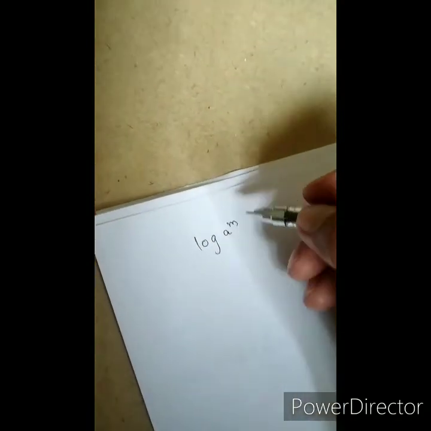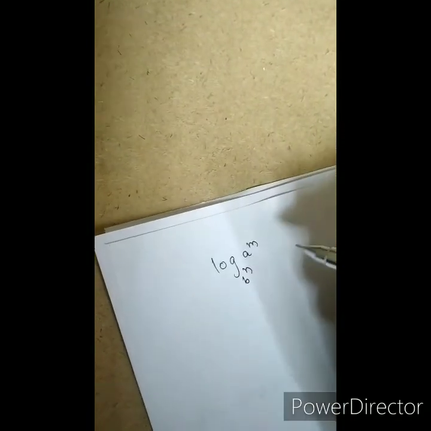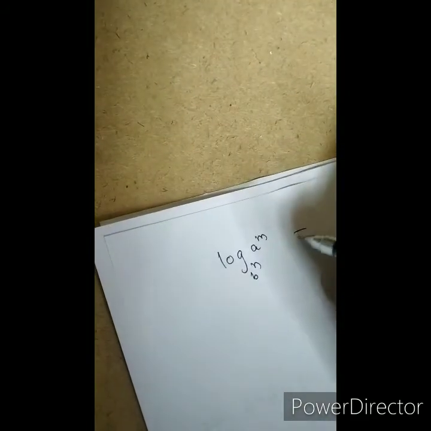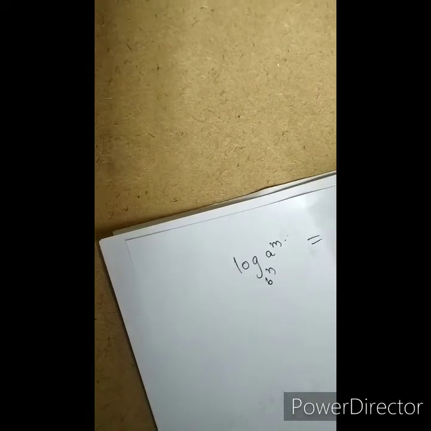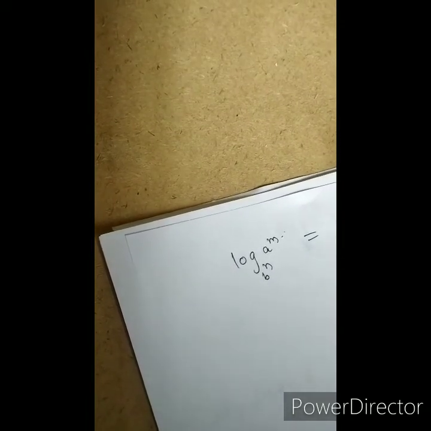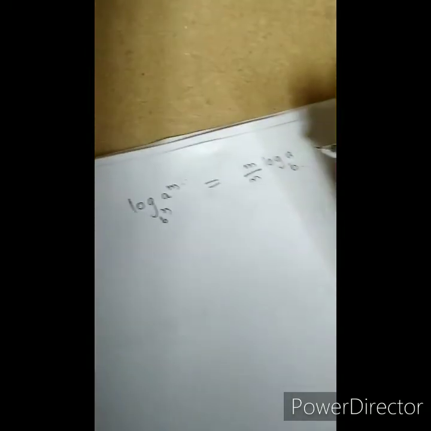Here I mention one more property, one more law of the logarithm: the logarithm of a power m, base b power n, can be written as m by n times the logarithm of a to the base b.